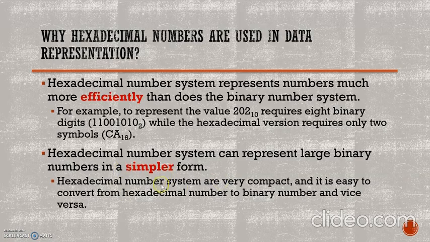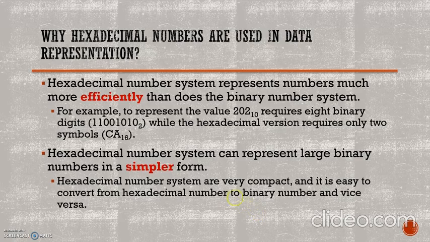Hexadecimal number system is very compact, and it is easy to convert from hexadecimal to binary, and vice versa. Because hexadecimal is easier to compare to binary, as we saw earlier. I'm not going to explain this further now because it is going to be very vague.